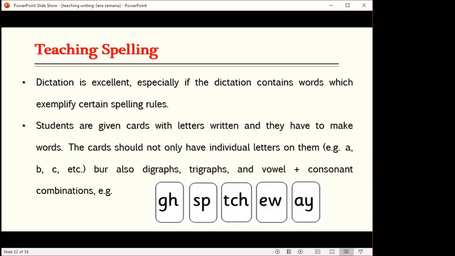So for example, here you have this. You show them some cards with a combination of letters, not just individual ones, so they can identify the spelling. And here you can practice the handwriting too, because they are going to identify some clusters, which consonants go together.